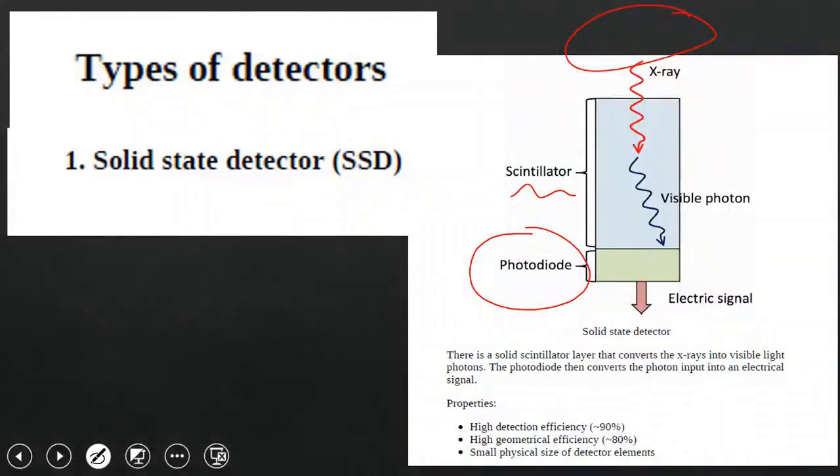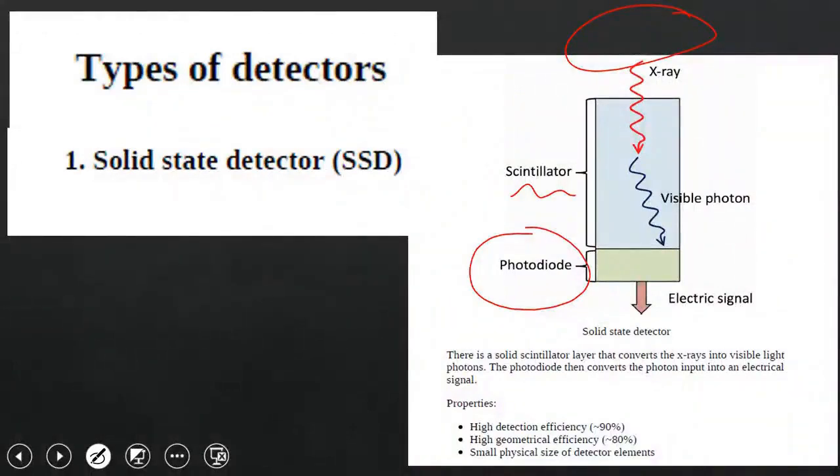This visible light is detected by a photodiode, which converts the incoming photon into an electrical signal. The quantity and intensity of the signal correspond to the X-ray transmitted from the patient and hitting your detector element, with an efficiency that can reach up to 80%.